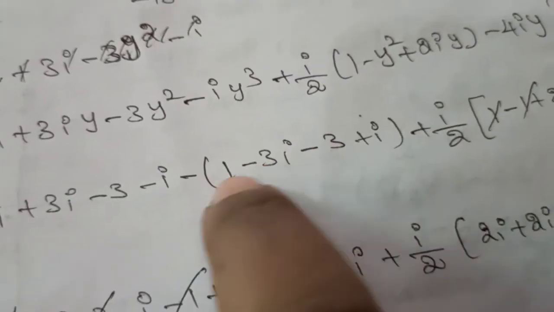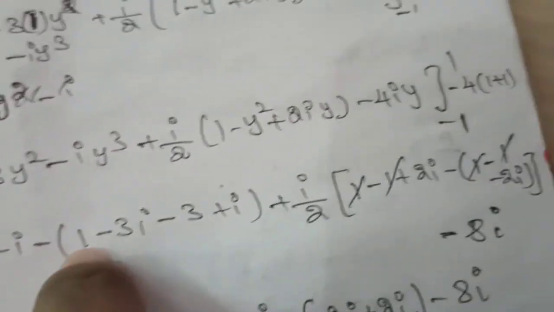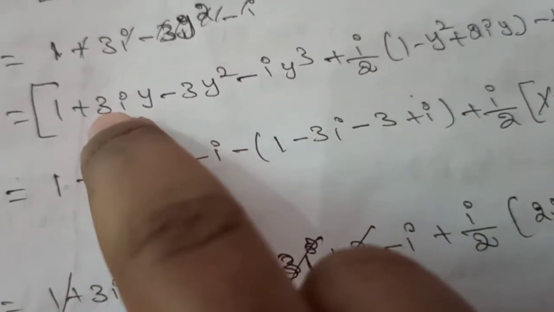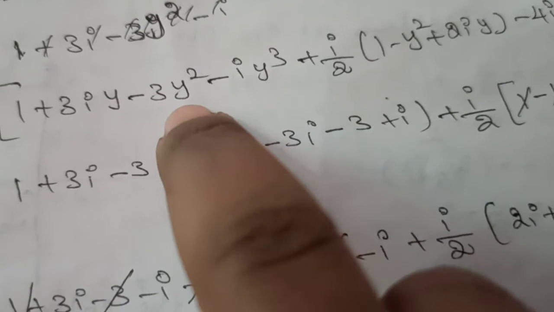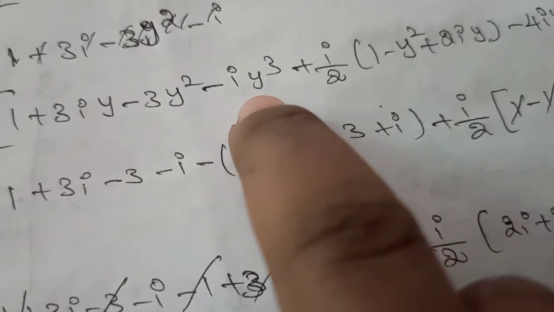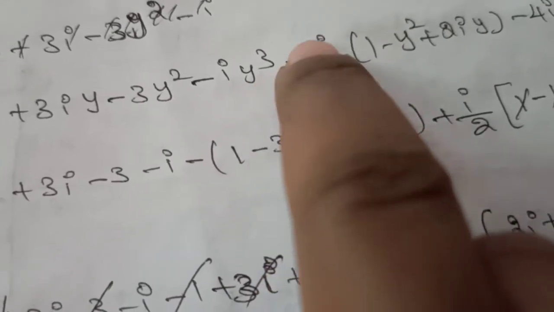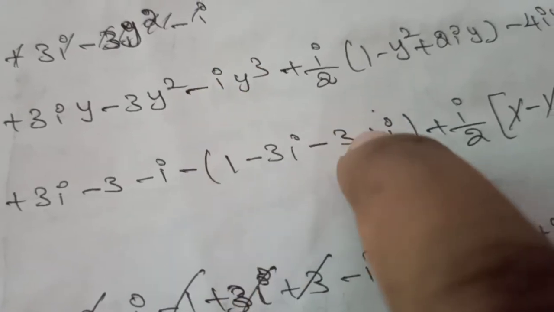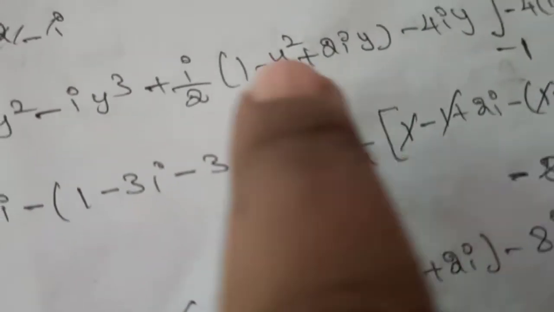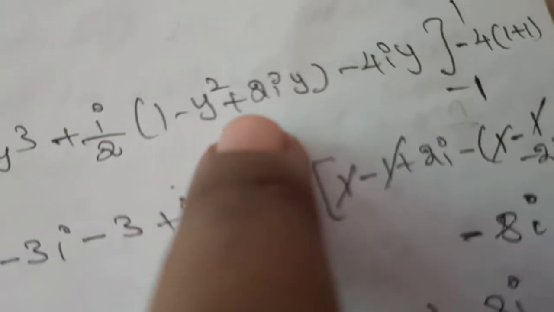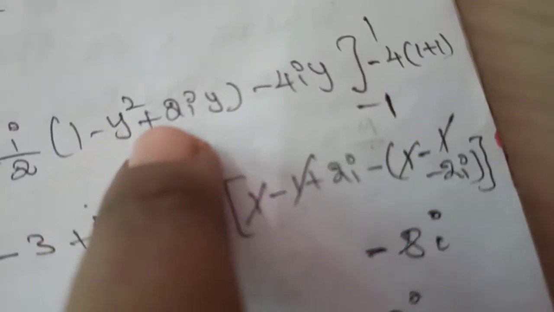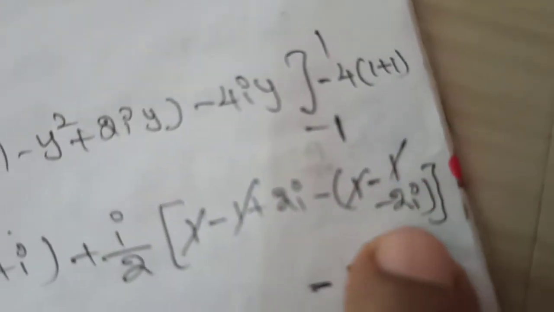Next, substitute the lower value, y = minus 1: 1 - 3i - 3 plus, minus 1 the whole cube becomes minus, so minus in the minus gives plus i, plus i by 2 times 1 - 1 + 2i. Minus the lower value, put y = minus 1: 1 - 1 - 2i, plus 1 - 1 cancels.